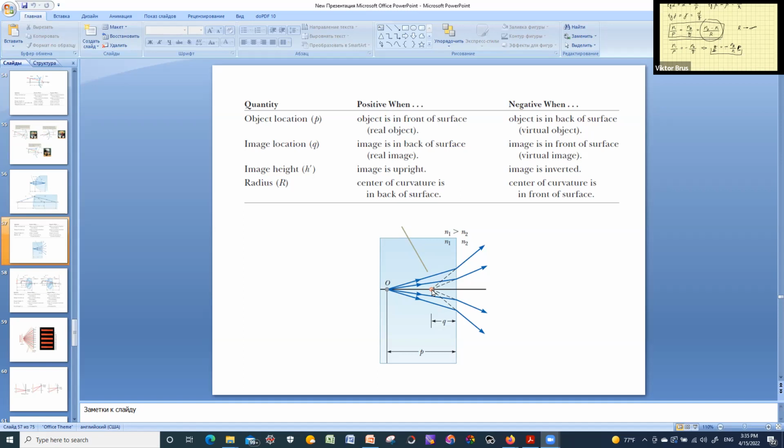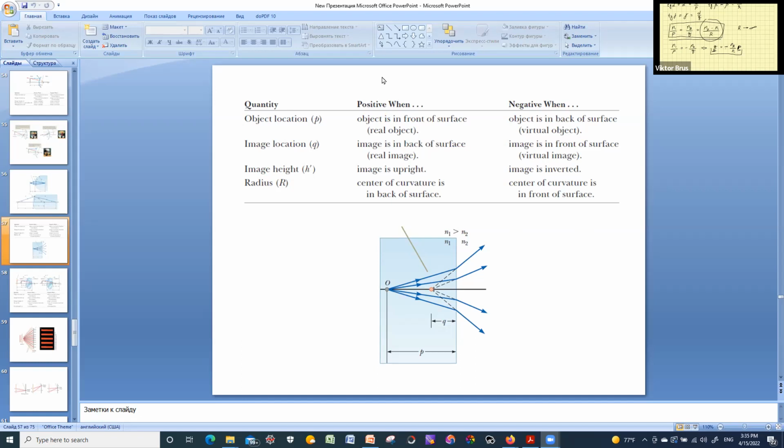So the actual distance Q will be determined by the ratio of refractive indexes, but since we have a minus in front in that equation, the image will always be on the same side as the object.